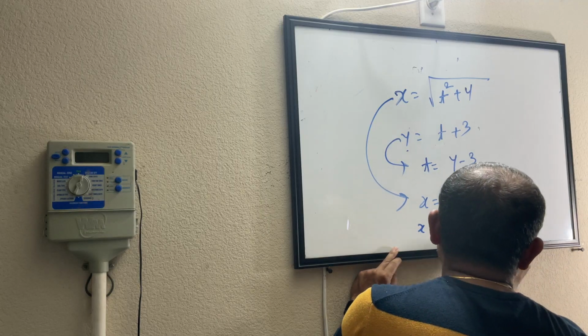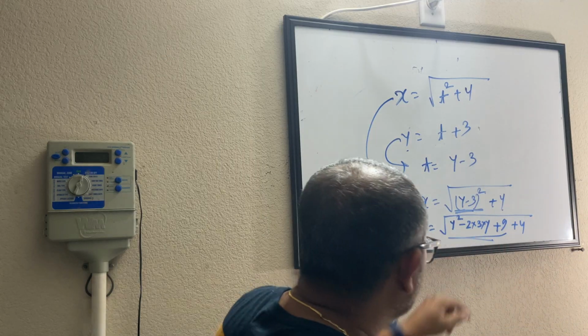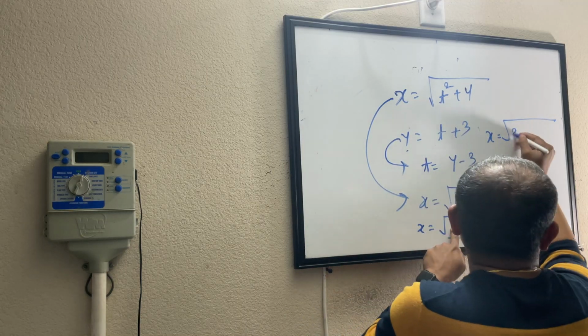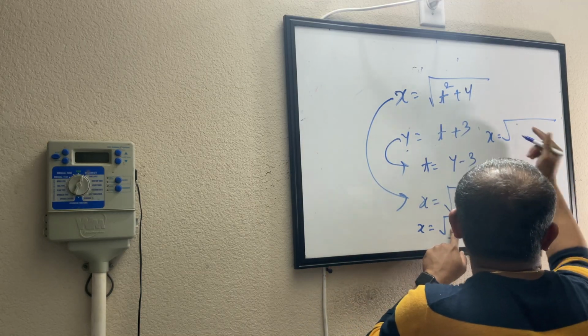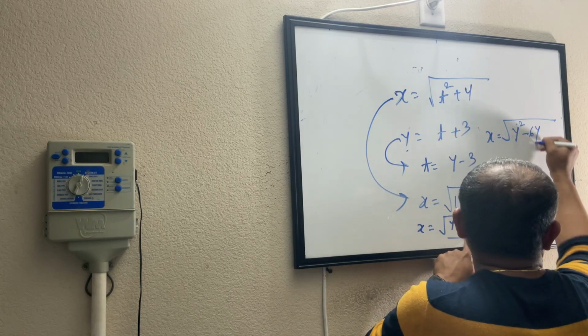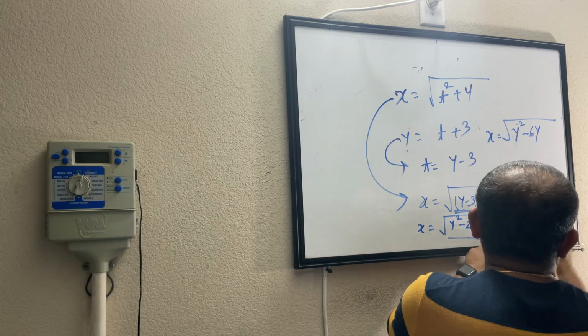So this part is nothing but this value. So from this we got x equals square root of y squared minus 2 into 3, 6y plus 9 plus 4, that becomes 13.